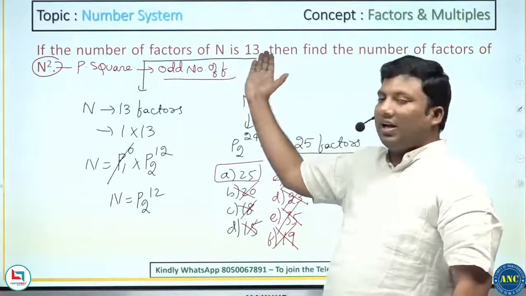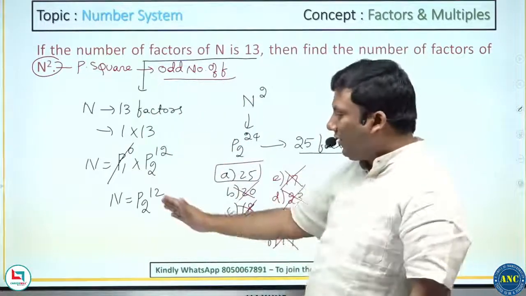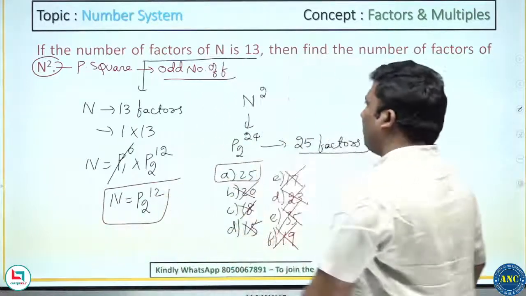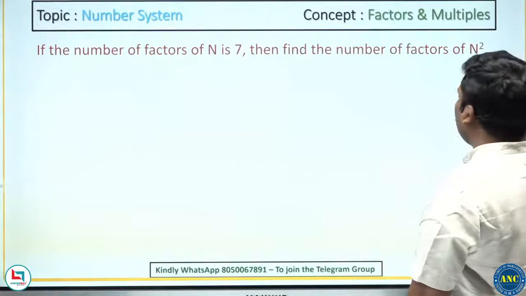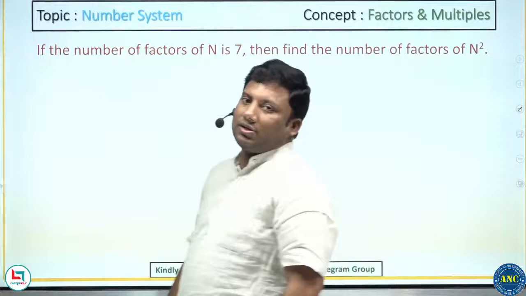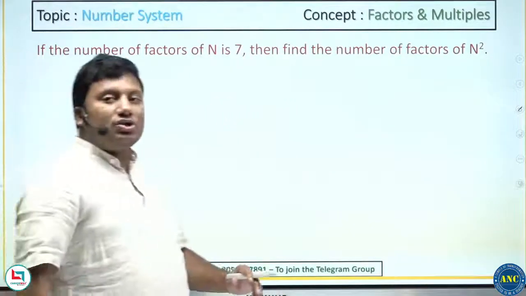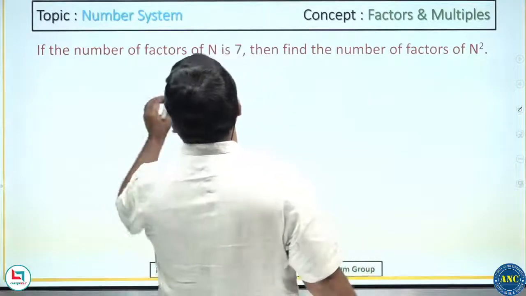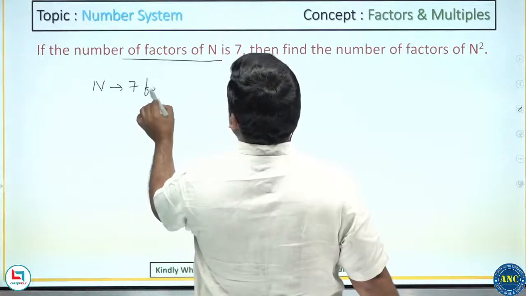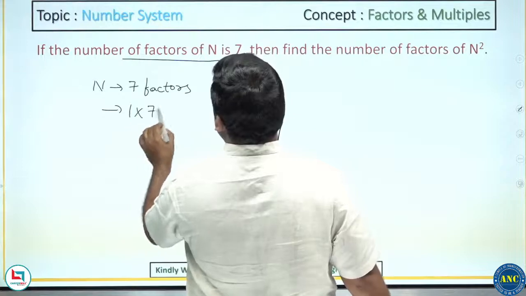Number of factors for n is 13. 13 is an odd number, so n also should result in a perfect square. So the form of n is p2 power 12, and n square is p2 power 24. Now we can solve the questions very fast because you have understood the flow chart of solving these questions. Number of factors for n is 7. The number has 7 factors, which means 1 into 7.